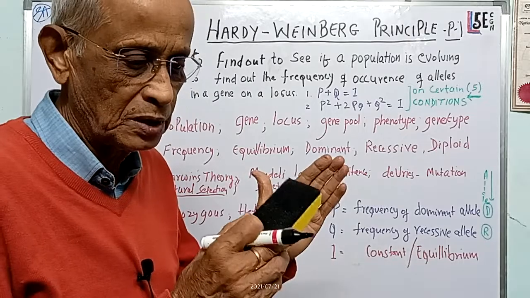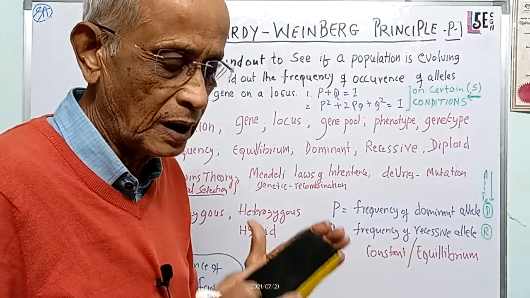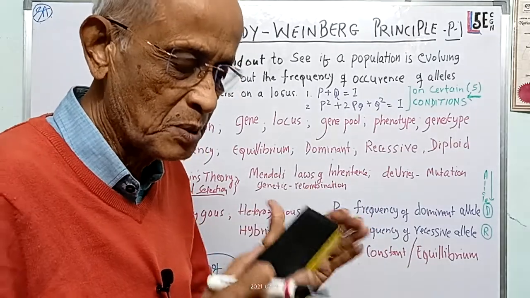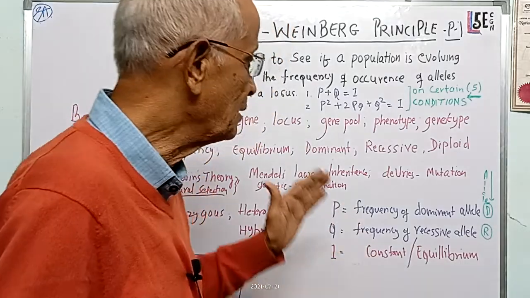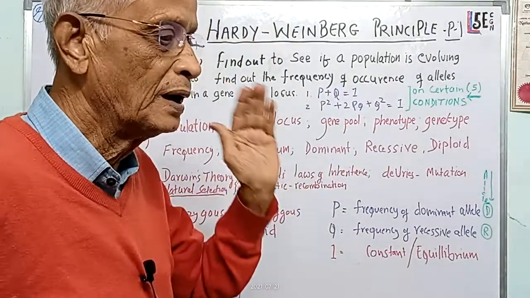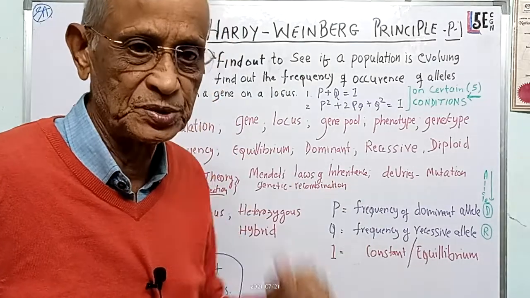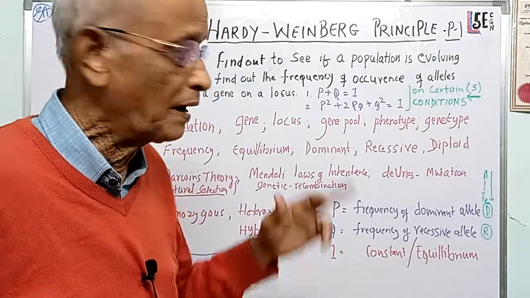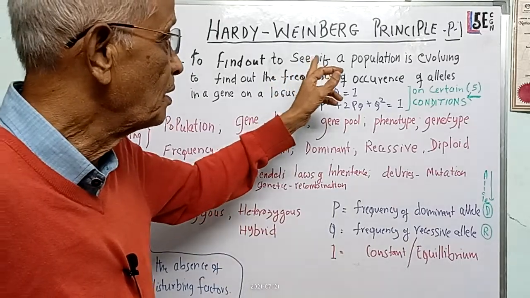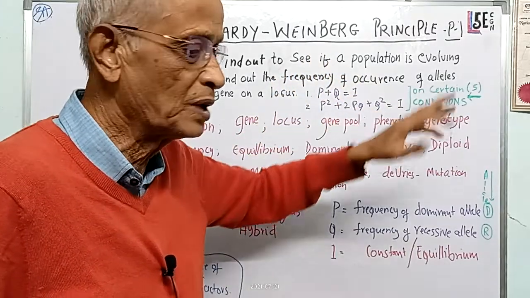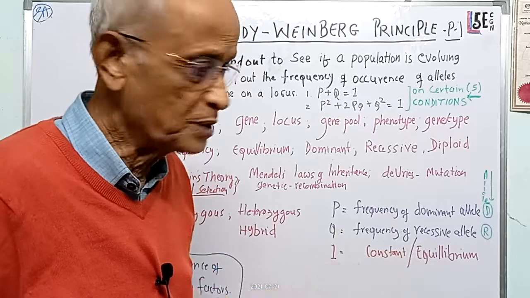These 2 biologists and scientists, they may be mathematicians also, proposed 2 important algebraic equations to find out the occurrence of alleles in a particular population.